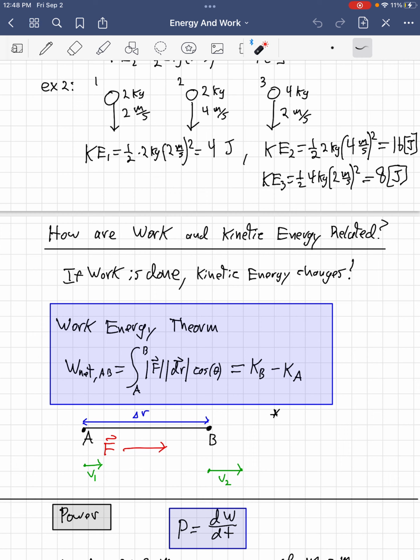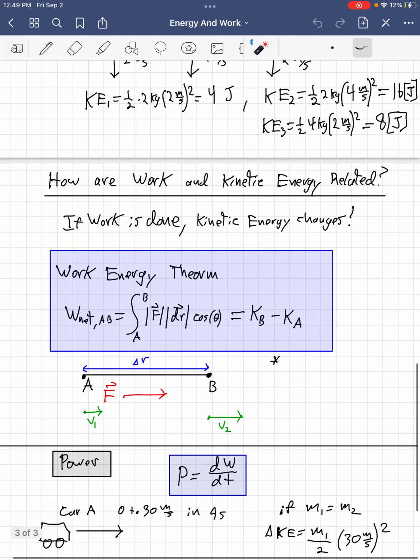If you integrate the work being done from position A to position B, and you think about how the angle is changing between those and what the velocity is at point A and what the velocity is at point B, the work that happens in between point A and point B is going to contribute to changing the kinetic energy of the object.